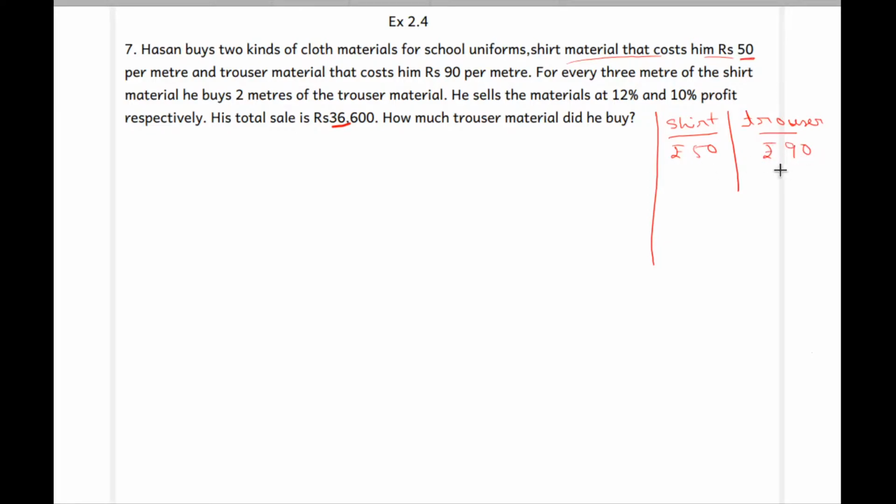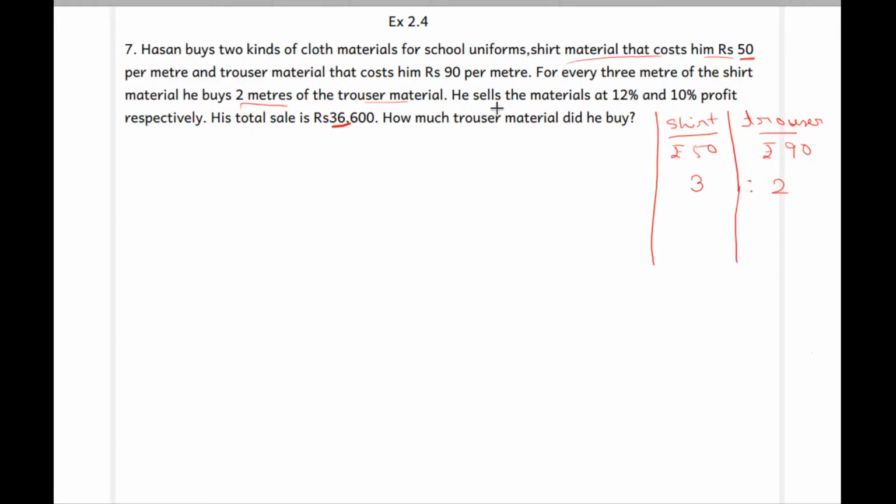This is the first clue. For every 3 meter of shirt material, he bought 2 meters of trouser material. That means it is given in ratio form 3:2.